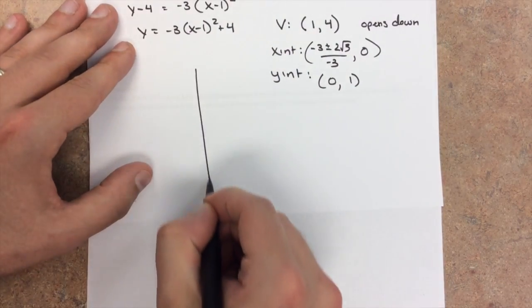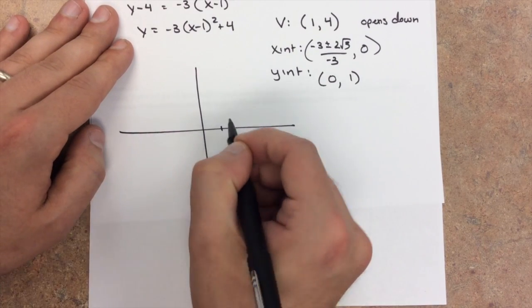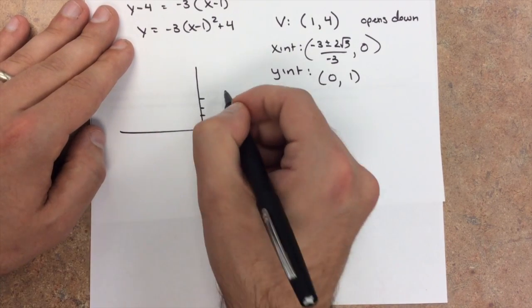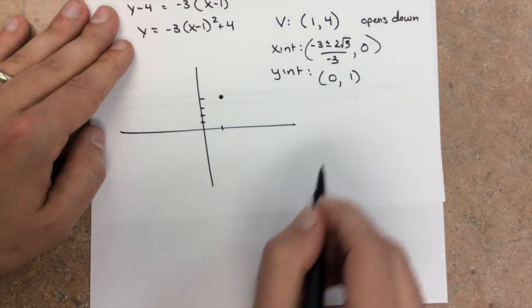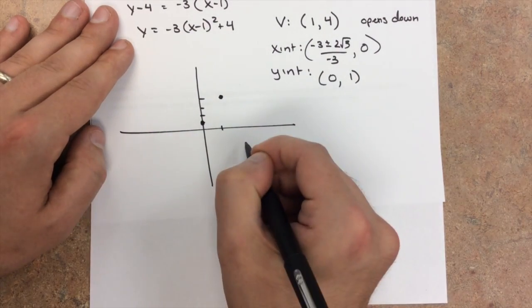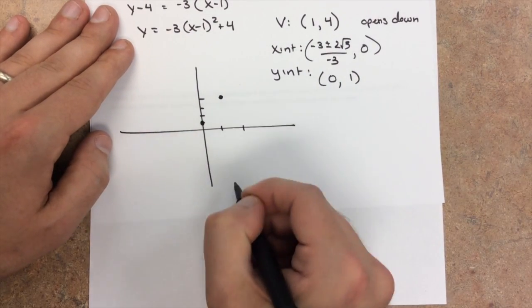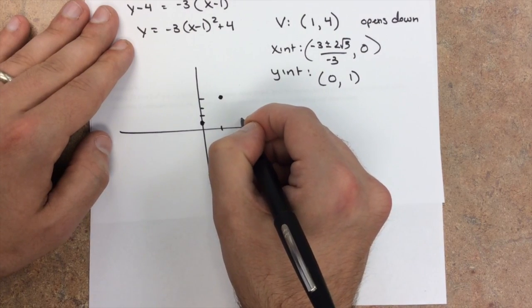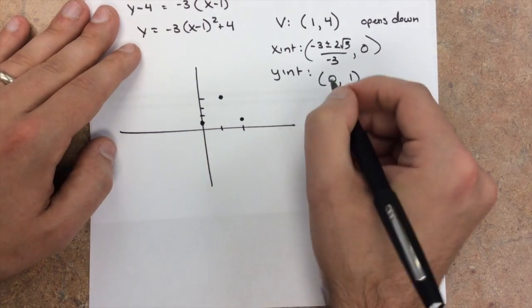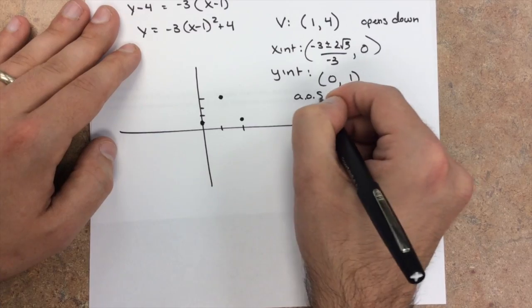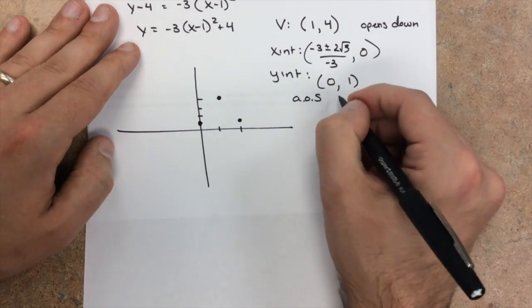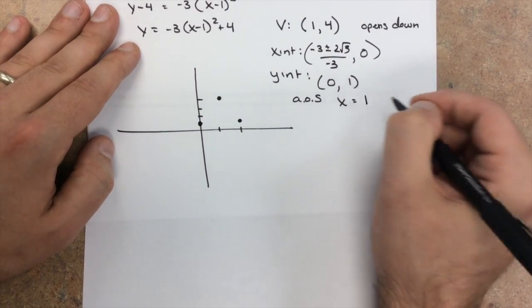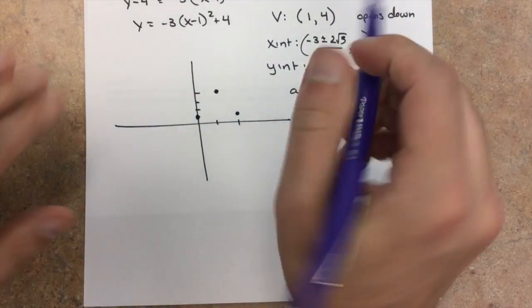So my vertex is (1, 4). My y-intercept is at (0, 1). I know I have another point at 2 right here. My axis of symmetry is at x equals 1, so I'm going to do that in a different color.